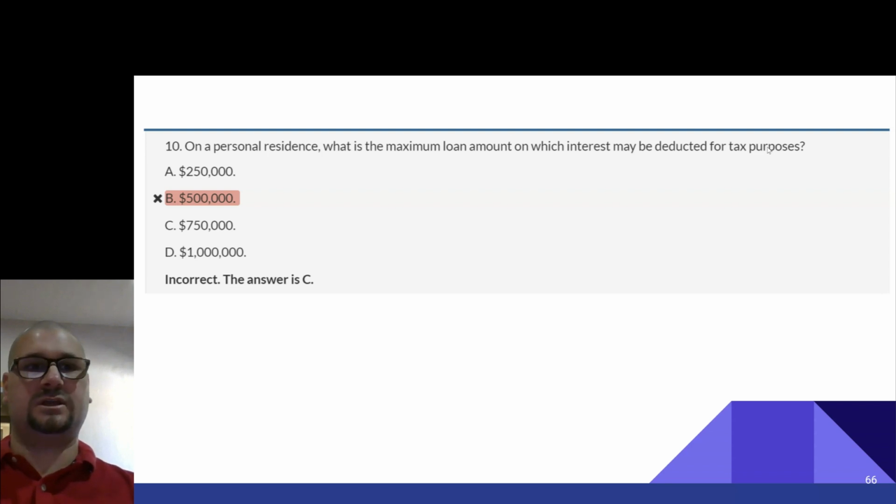It is Charlie, $750,000. So on a personal residence, what's the maximum loan amount on which interest may be deducted for tax purposes?